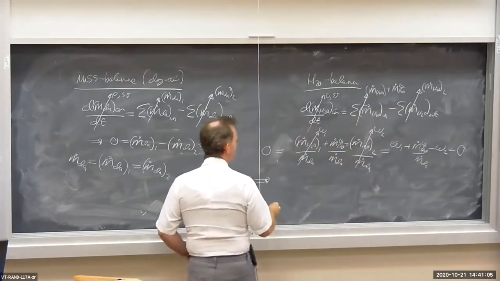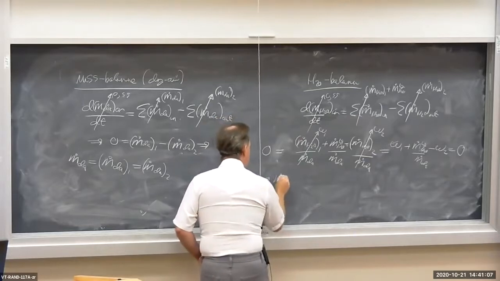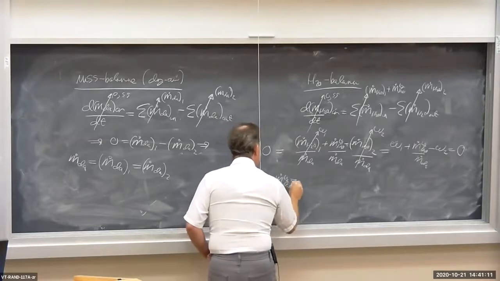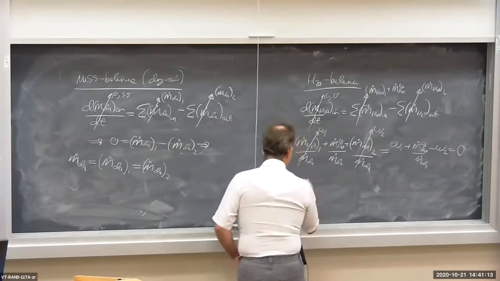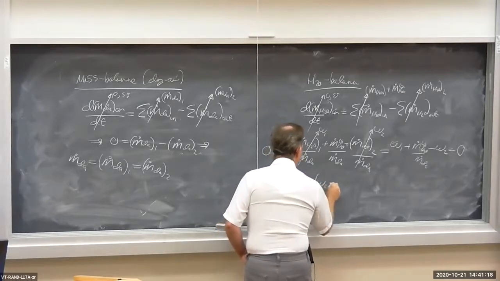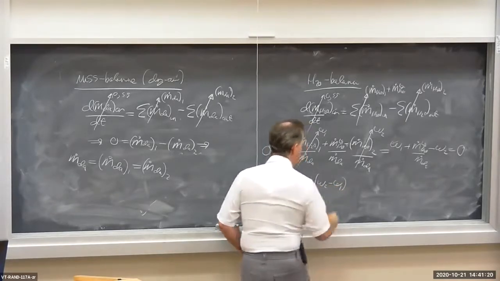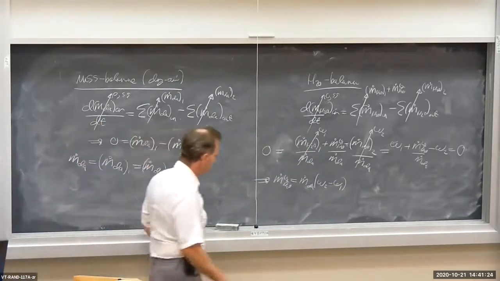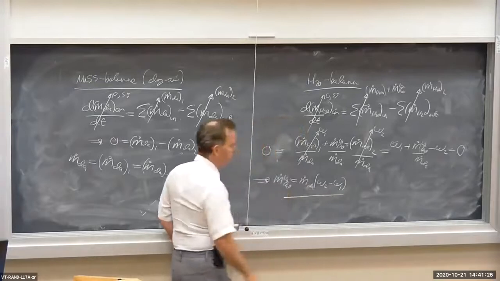Let's solve for m dot liquid. M dot liquid H2O is equal to m dot dry air times omega out minus omega in, omega 2 minus omega 1. Okay? Very important equation right there.